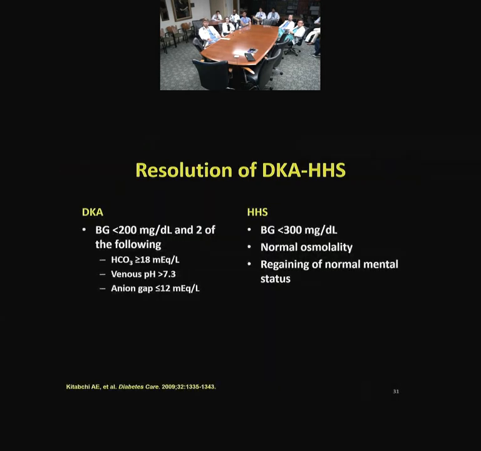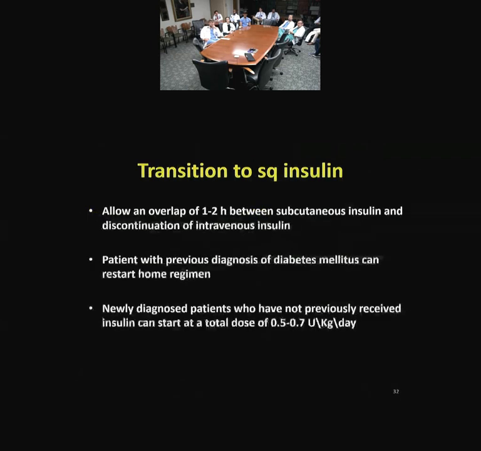The hyperglycemic emergency is considered resolved in DKA when the blood sugar is less than 200, bicarb is more than 18, the pH is more than 7.3, and the anion gap is less than 12. In HHS, the blood sugar is less than 300, osmolarity is normal, and there is regaining of normal mental status, and that's when you can transition people to sub-Q and stop the drip.